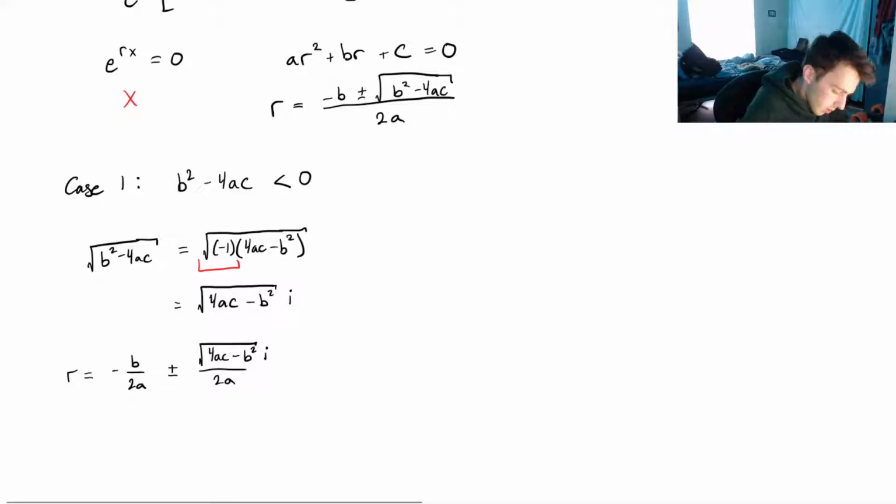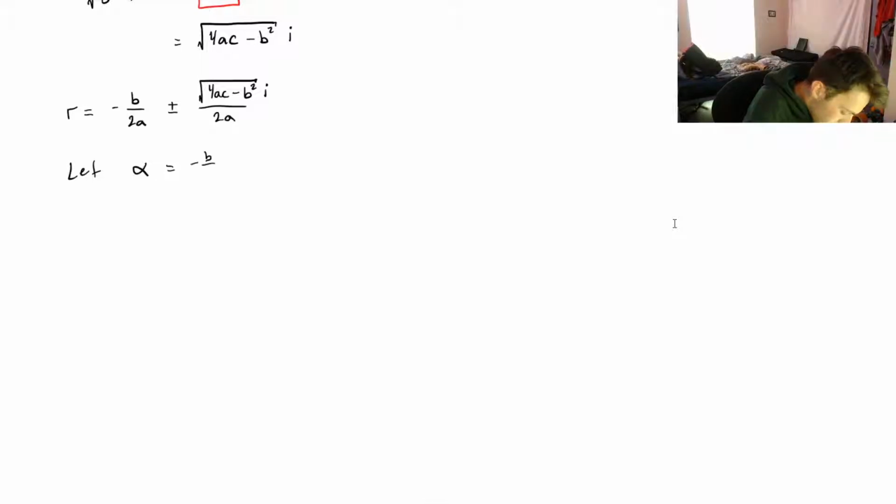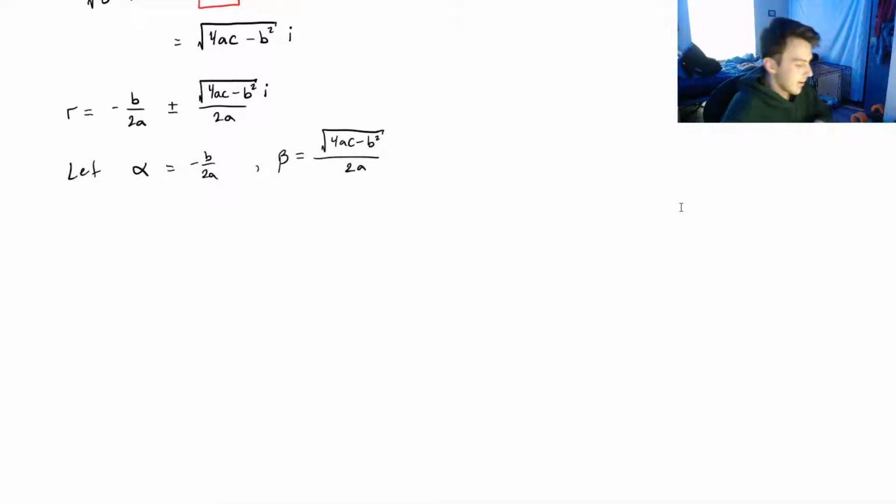Let me make some space. Let's call alpha equal to minus b over 2a, and beta will be square root of 4ac minus b squared over 2a. Okay? Awesome.